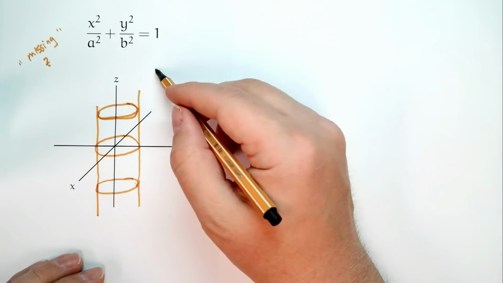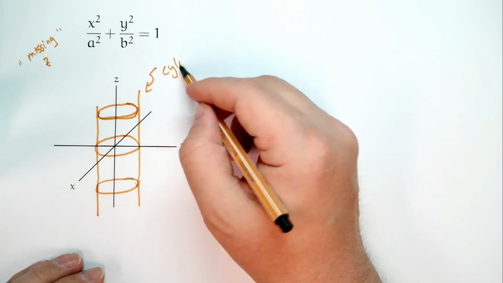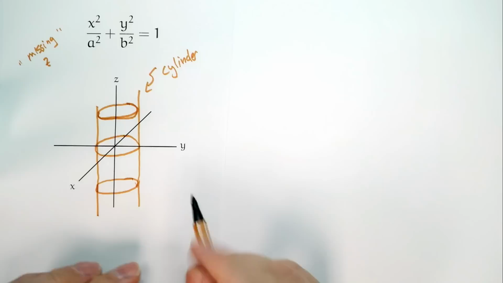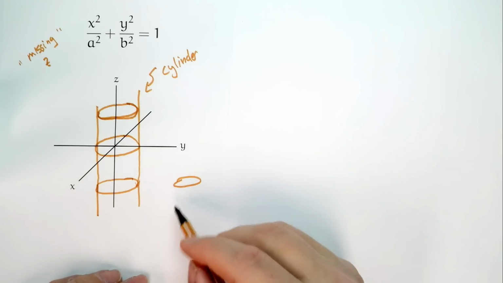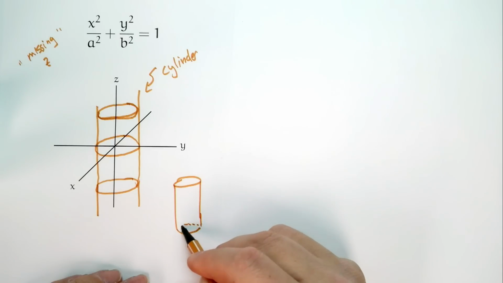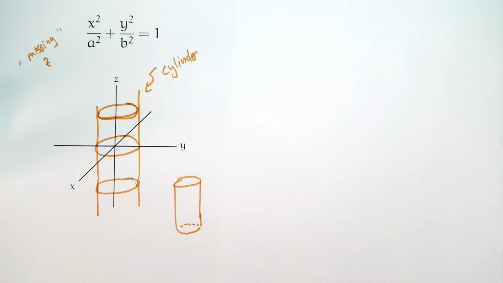And so we call this particular shape a cylinder. It's almost like a straw shape. So we have a cylinder going up and down. Of course, it doesn't stop, but our paper has to stop. So that's a cylinder.